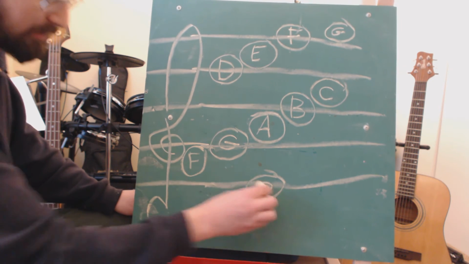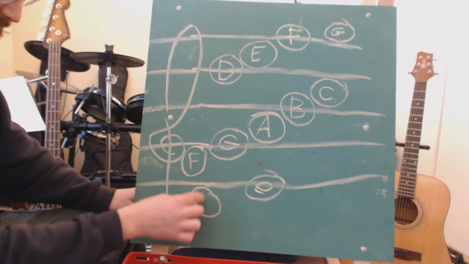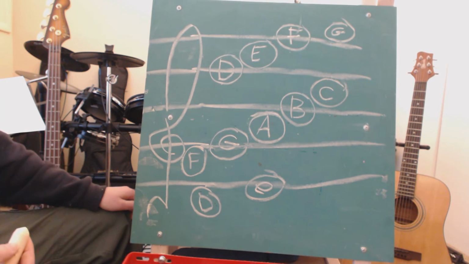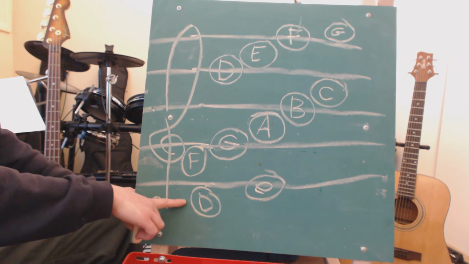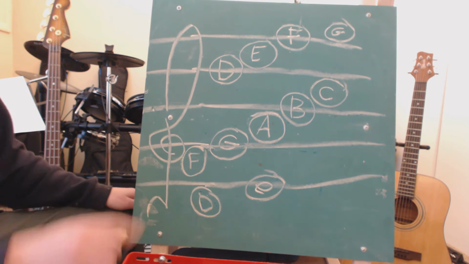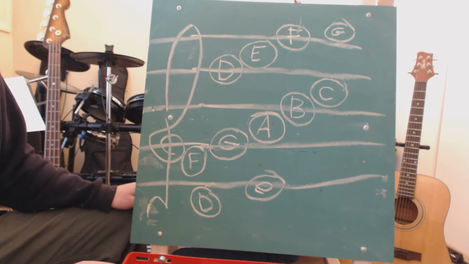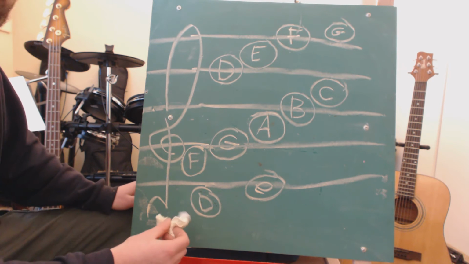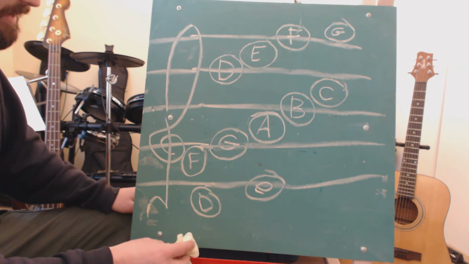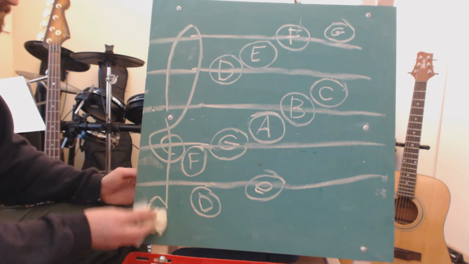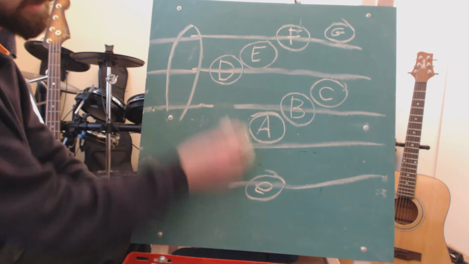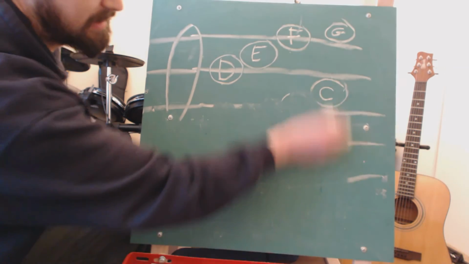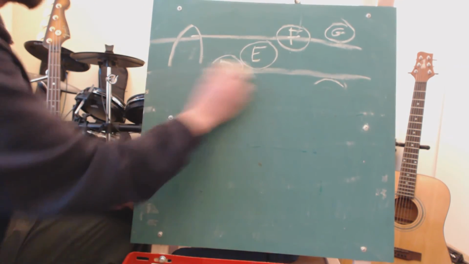Ooh, that was a terrible note. All the way down to D there in the space below. So that's the big idea, that music alternates when you're going forward in the alphabet between the lines and the spaces.